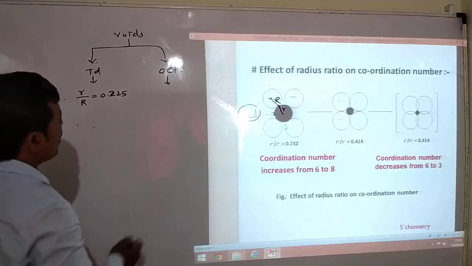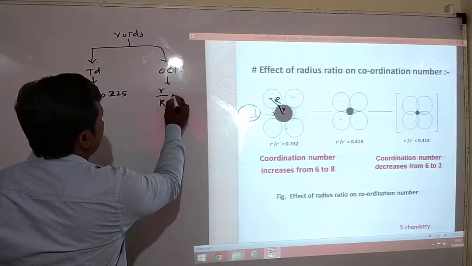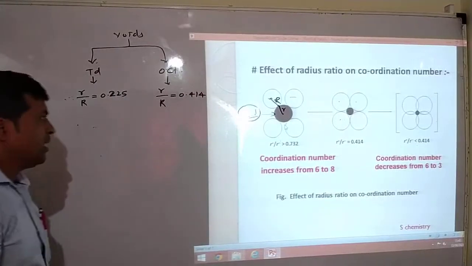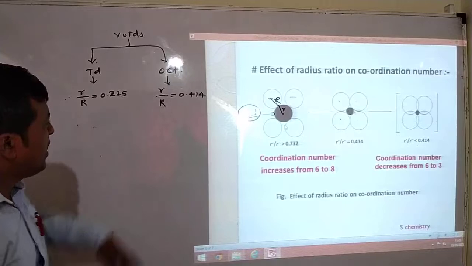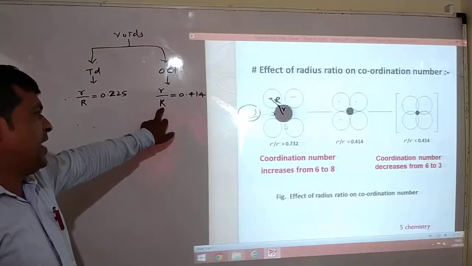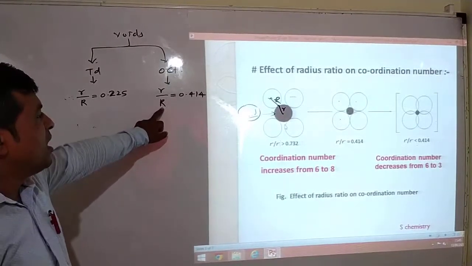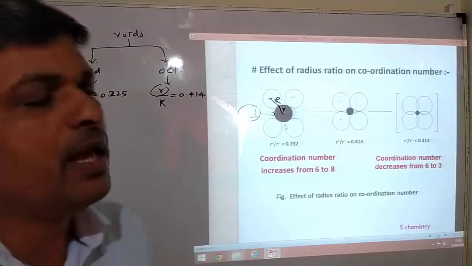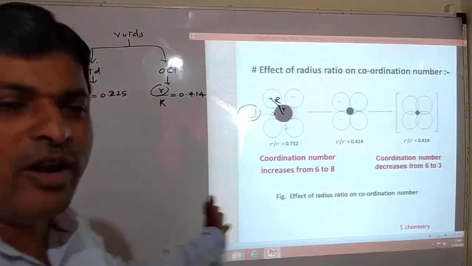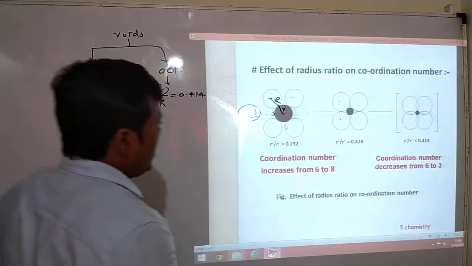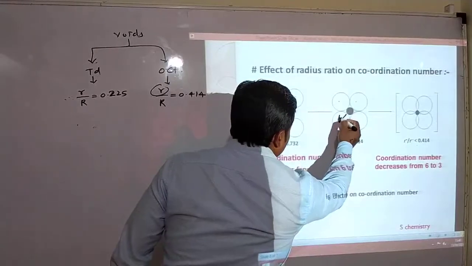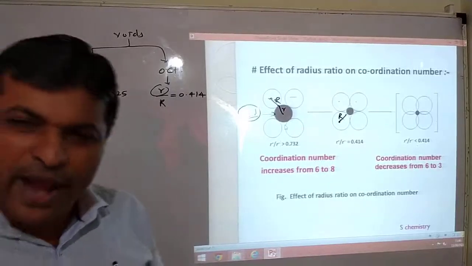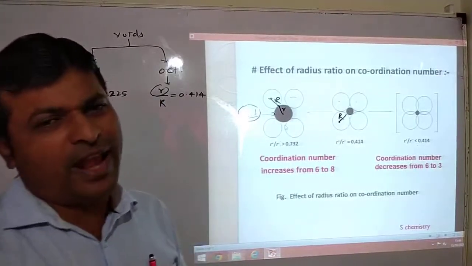For octahedral, small r divided by capital R is equal to 0.414. If in a numerical they give the radius of the sphere forming the void, you can calculate the radius of the void, whether octahedral or tetrahedral.